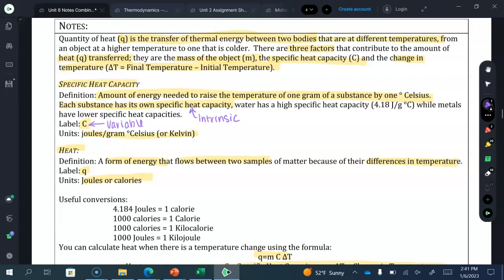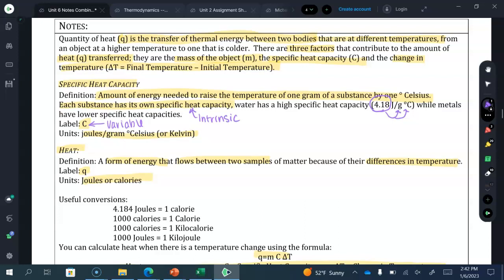So water has a high specific heat capacity, whereas metals have lower specific heat capacities, usually less than 1 joule per gram degree Celsius. What this means is that it requires a lot more energy to heat a specific amount of water than it would the same mass of a metal. So metals heat up more quickly versus water that heats up much slower.